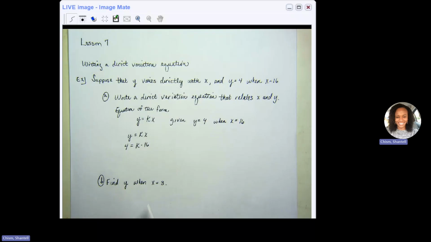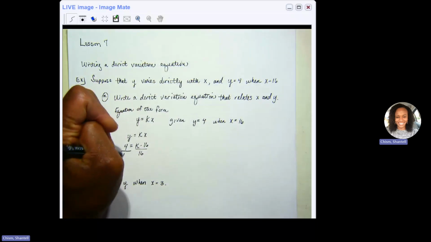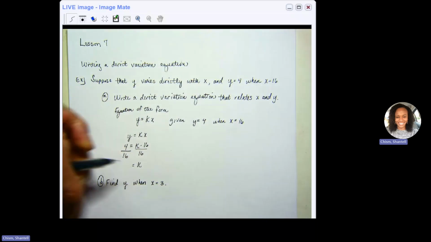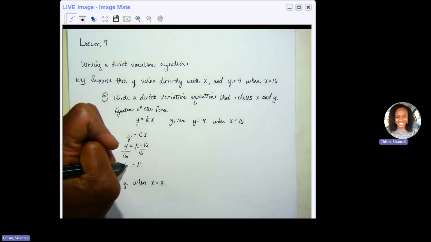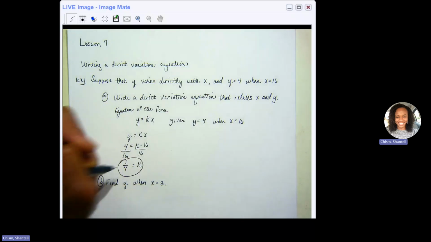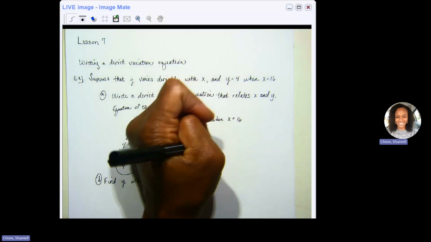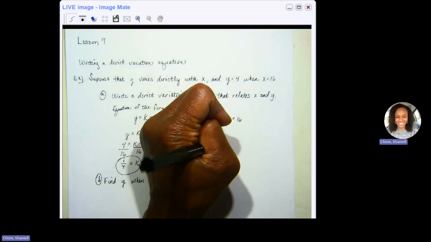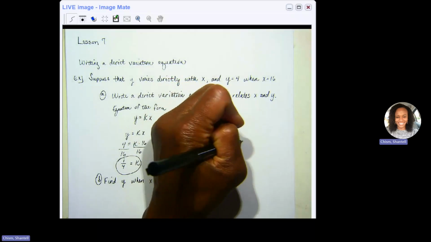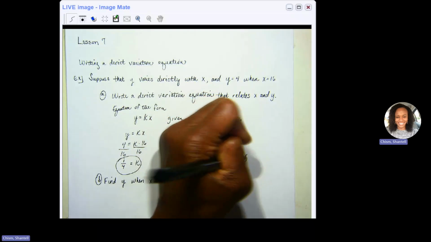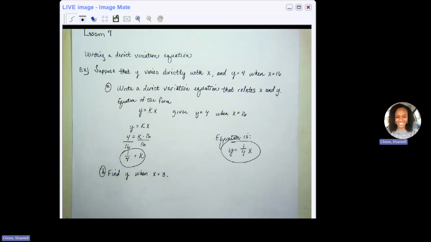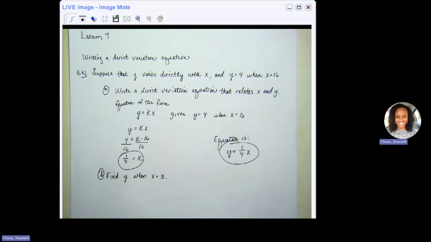And then solving that for k, we would divide by 16, and that would give us k equals 4 divided by 16, or 4 over 16. That reduces to 1/4. Okay? So our final equation is y equals 1/4 x. Okay? Y equals 1/4 x.